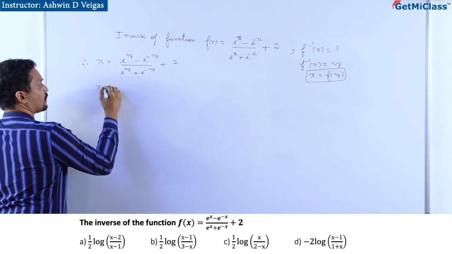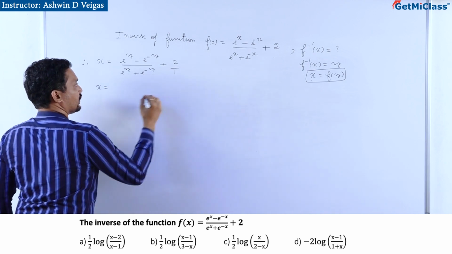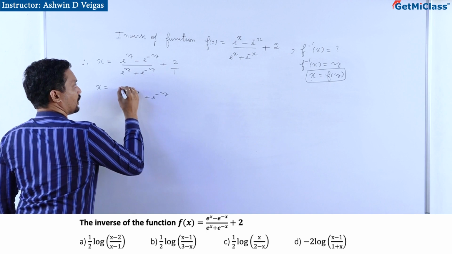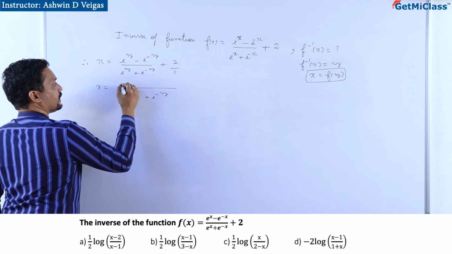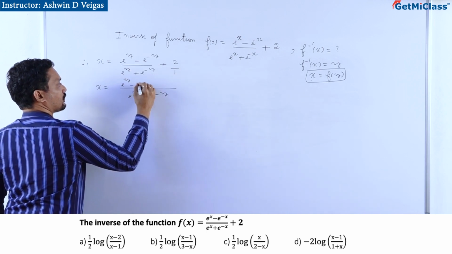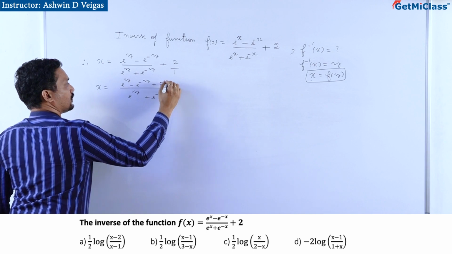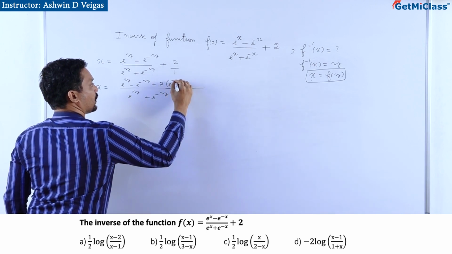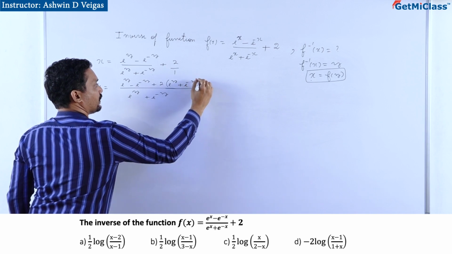Yes, now we can take the LCM here. So you can write this as x is equal to e power y plus e power minus y, now 1 into this is the same thing, plus 2 into this gets cross multiplied. So you will get e power y plus e power minus y.